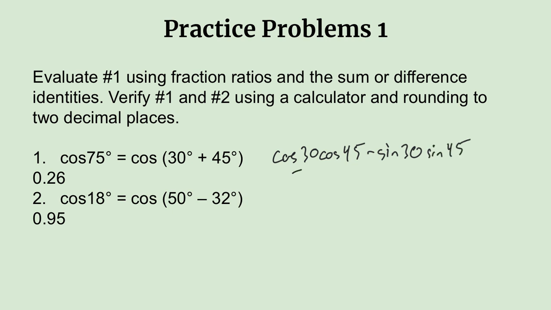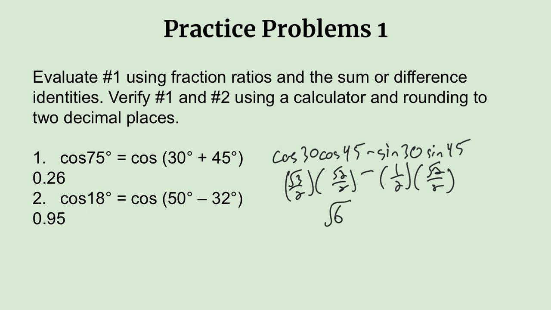So that would be square root 3 over 2 times square root 2 over 2 minus 1/2 times square root 2 over 2. We get square root 6 minus square root 2 over 4, which then equals 0.26.